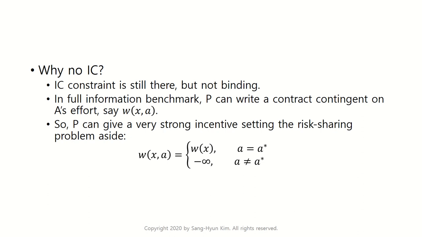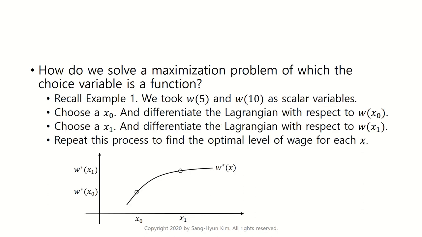All right. So then we want to solve that problem. We want to maximize the principal's expected profit, expected utility, by choosing the right wage function. There are infinitely many crazy wage functions, but we want to choose one among them to maximize the principal's expected utility, which is not easy, right?